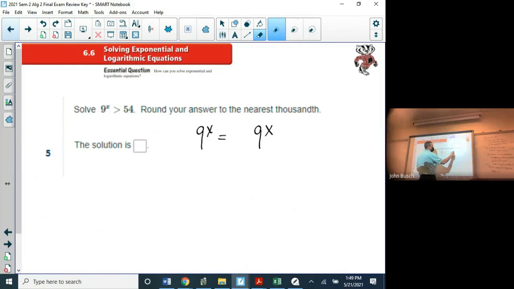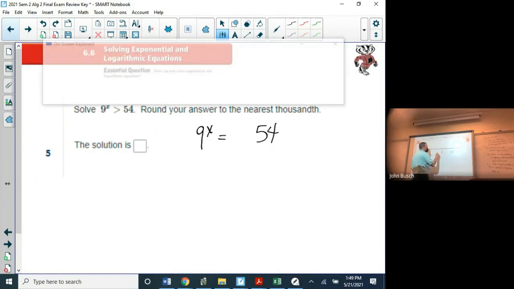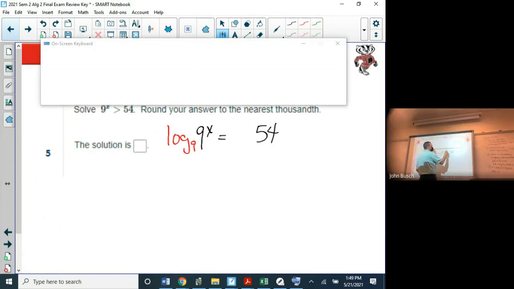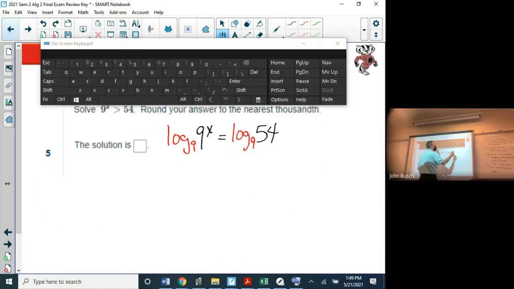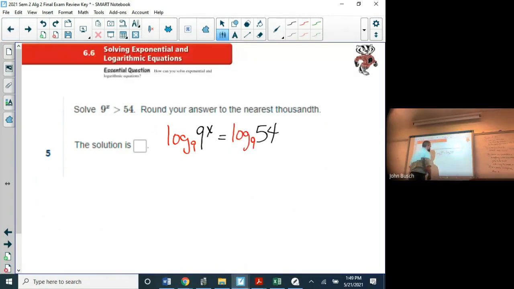So we're going to take log base 9 on both sides. And on the left, you're left with just x.